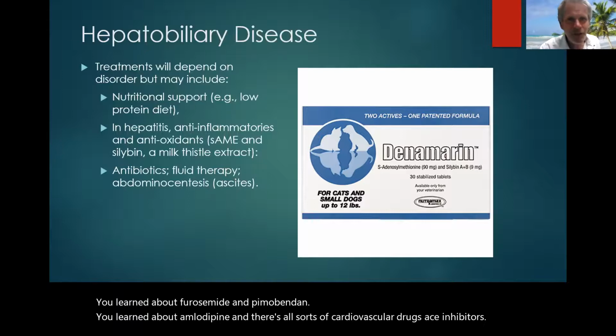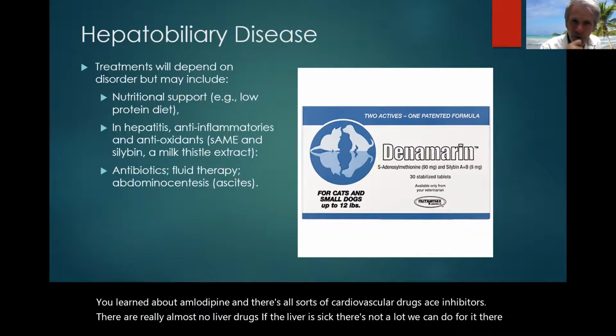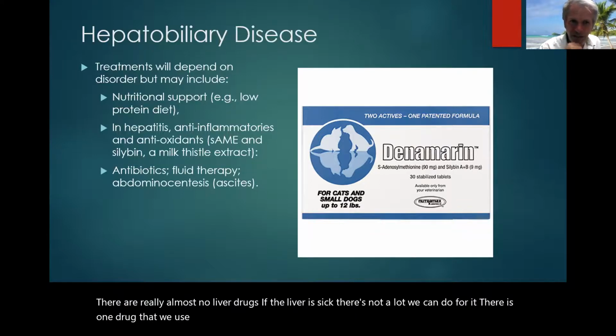There are really almost no liver drugs. If the liver is sick, there's not a lot we can do for it. There is one drug that we use for liver diseases, and that's called denamarin, and it contains these antioxidants.